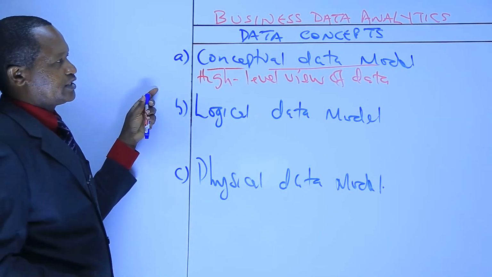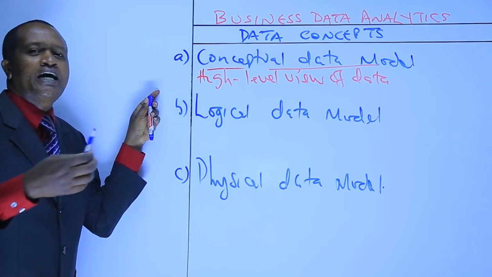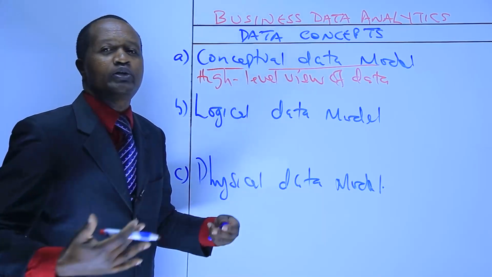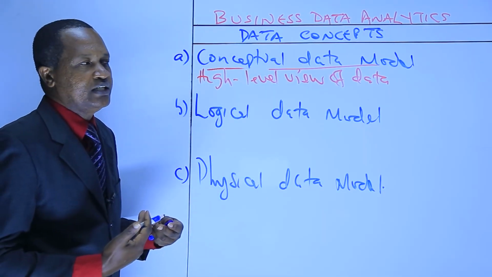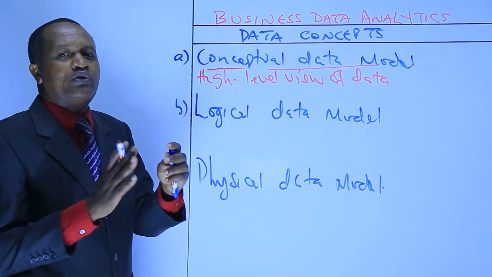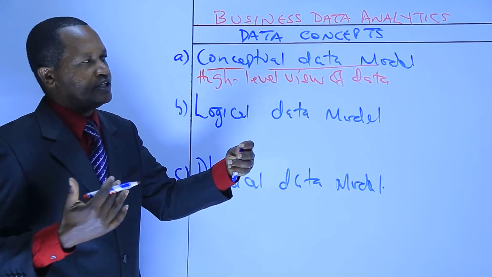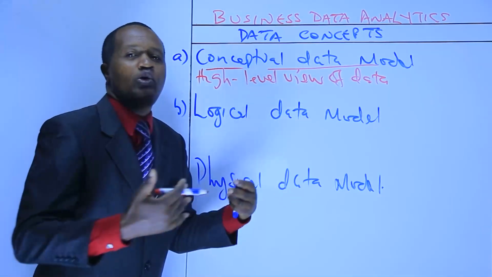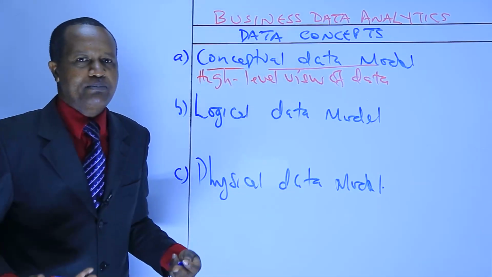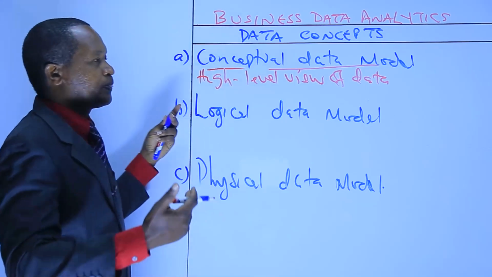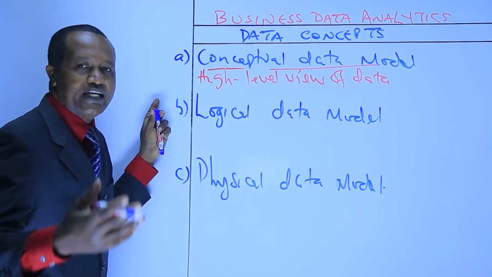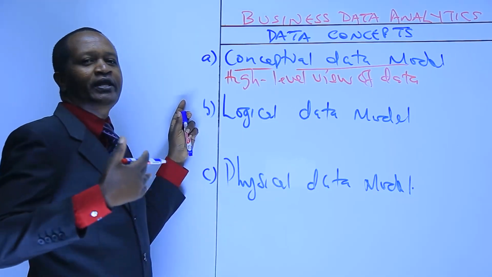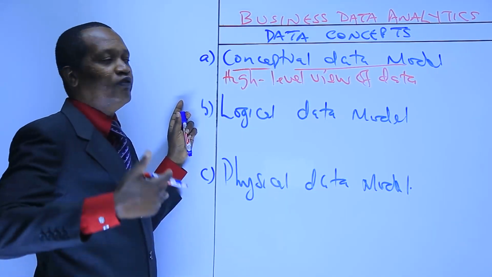The conceptual data model represents the high-level view of data without considering any technical details. It only focuses on the business concepts. It focuses on the relationships between the business concepts. And the main purpose of the conceptual data model is to provide a clear understanding of the data requirements and the business rules of an organization.